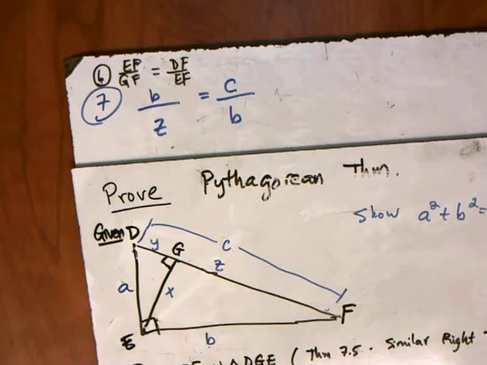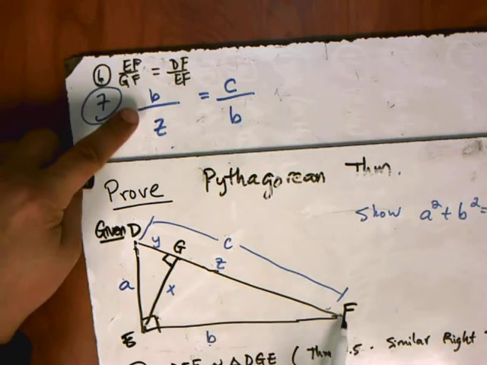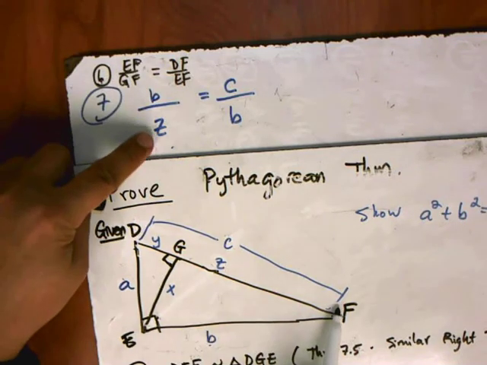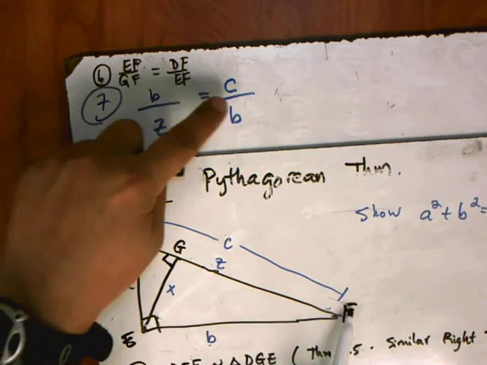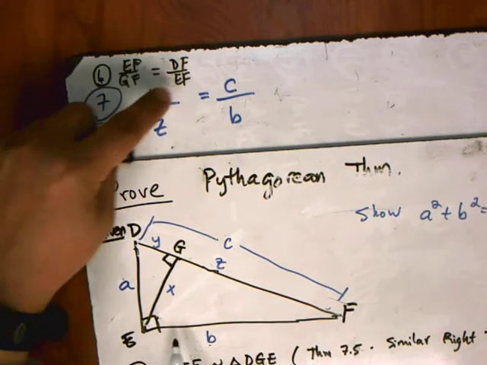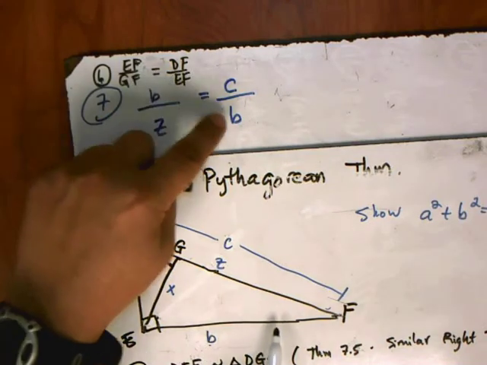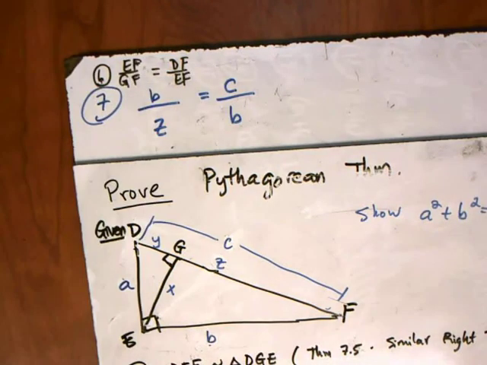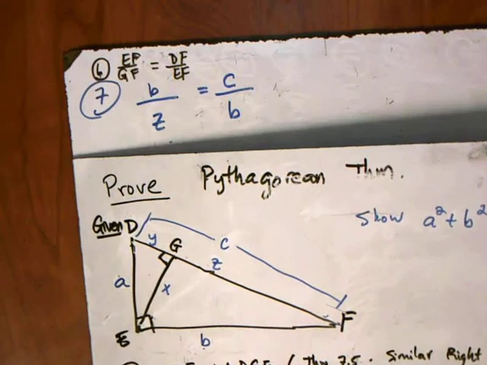You can see on the picture that EF is B, GF is Z, so Z goes in here. DF, from here to here, is C, and then EF again in this denominator is B. So all I've really done is substituted the names for the actual lengths.